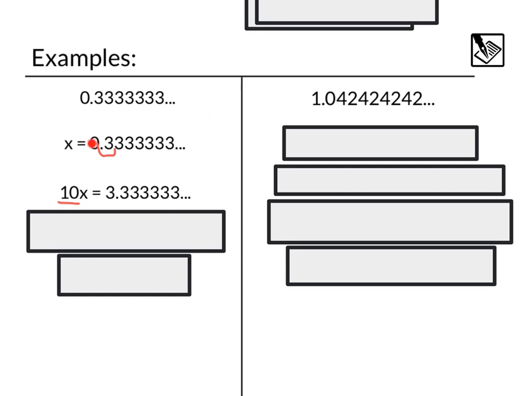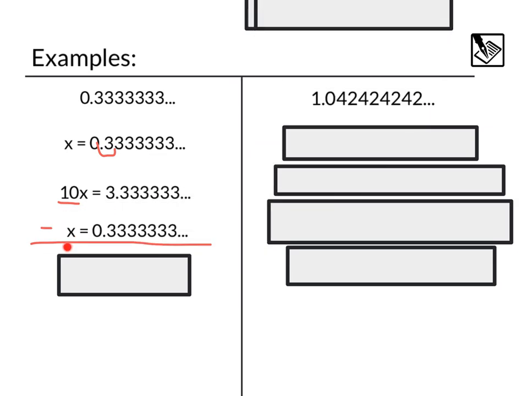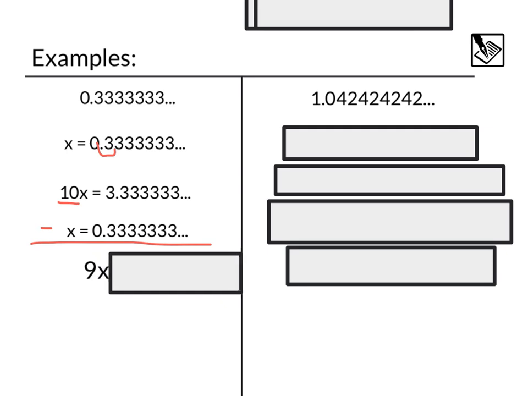Anyway, so we move that decimal 1 place to get the 3 in front. We multiplied by 10 to keep it balanced. And this is the clever part here. We can take that original equation and subtract it. So if we subtract x equals 0.33333, we'll have 10x minus x, which gives us 9x.